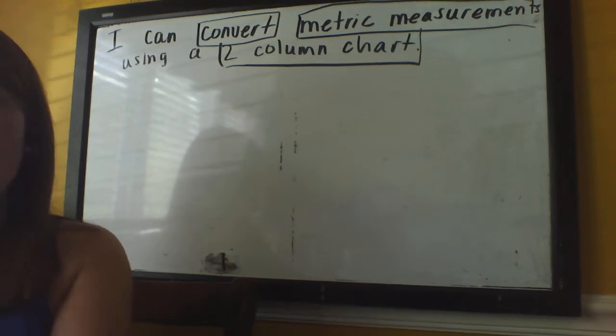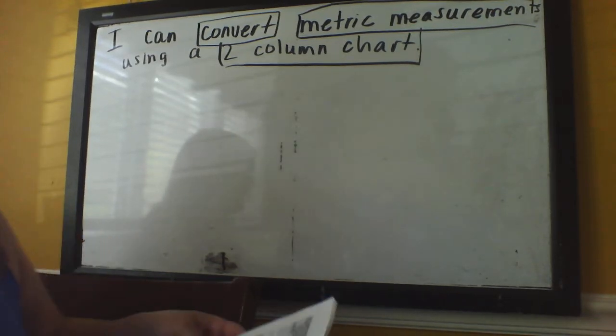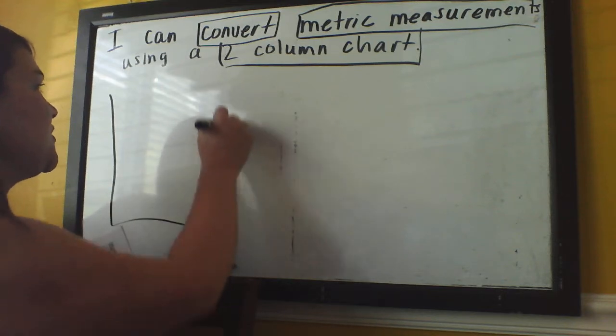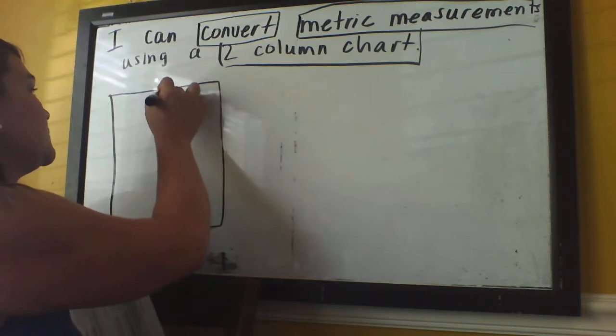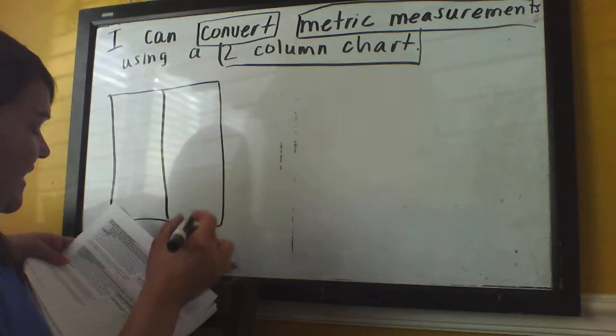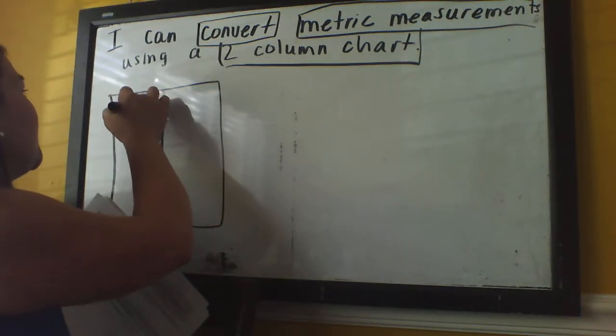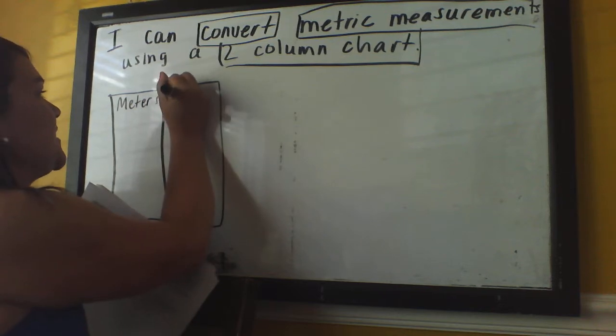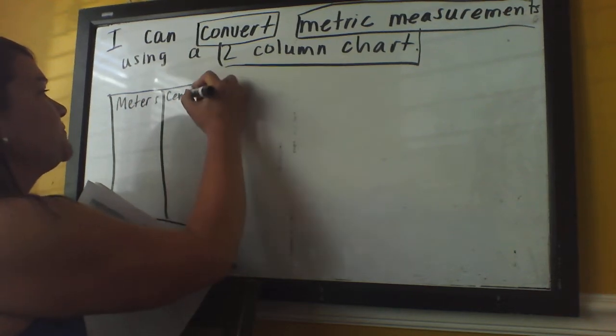For example, if I had this chart, it's a two-column chart. One side of it is going to say meters, and the other side is going to say centimeters.